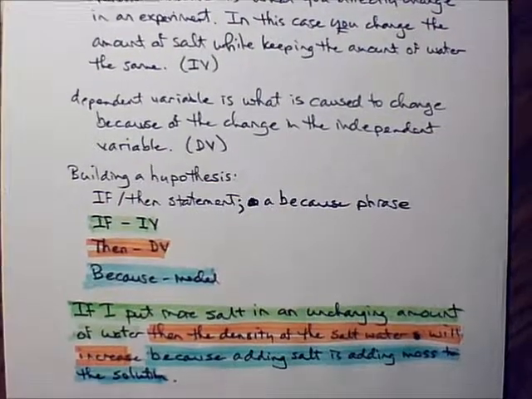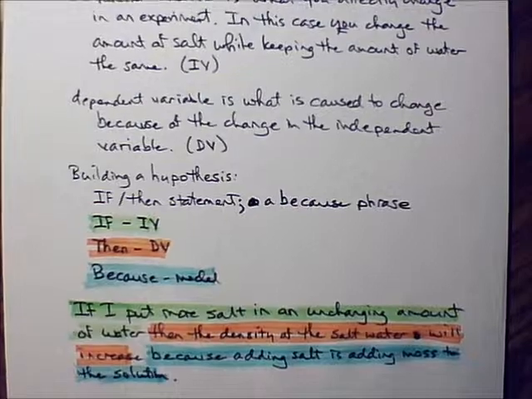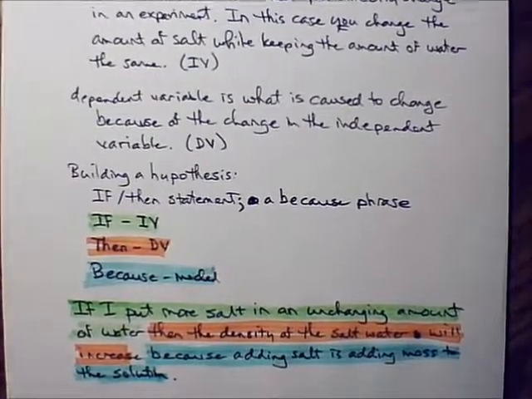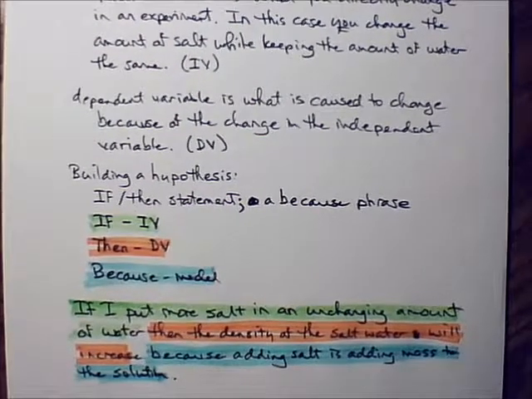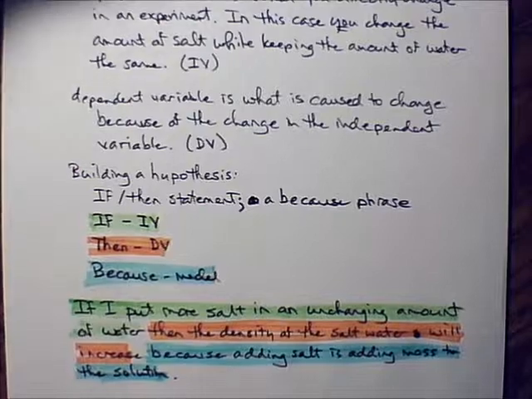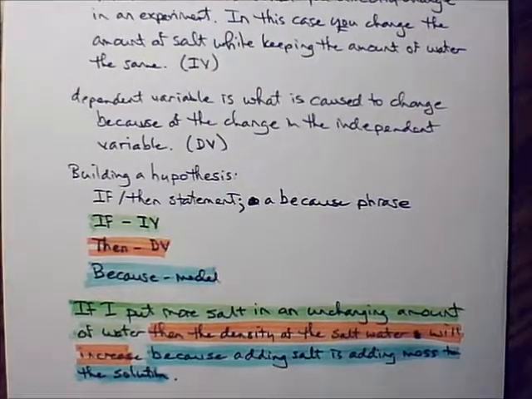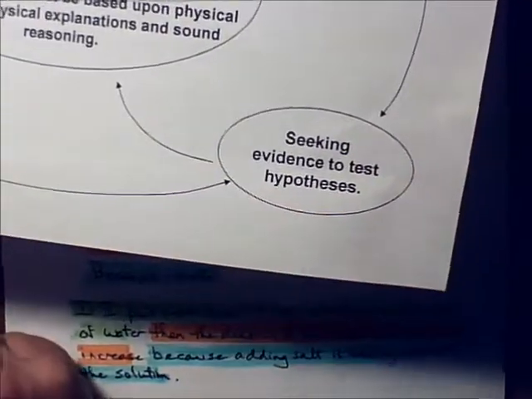How we doing? You got a better grasp of how a hypothesis works? Can we test this statement? How? Duh, right? So we can test this statement, and that's what we said hypotheses have to be. They can be tested.